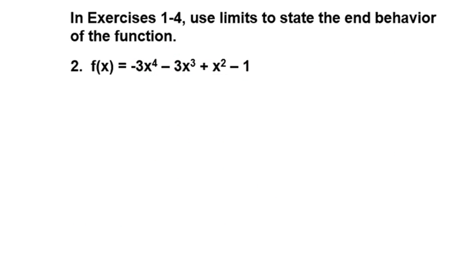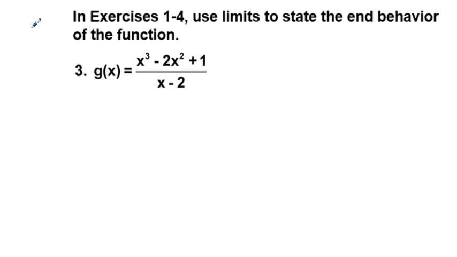Next, odd number problem 3. In this case we have a fractional representation. We have to look at the leading terms. We have a complication because in the numerator we have the leading term x cubed, and in our denominator we have x to the first power.